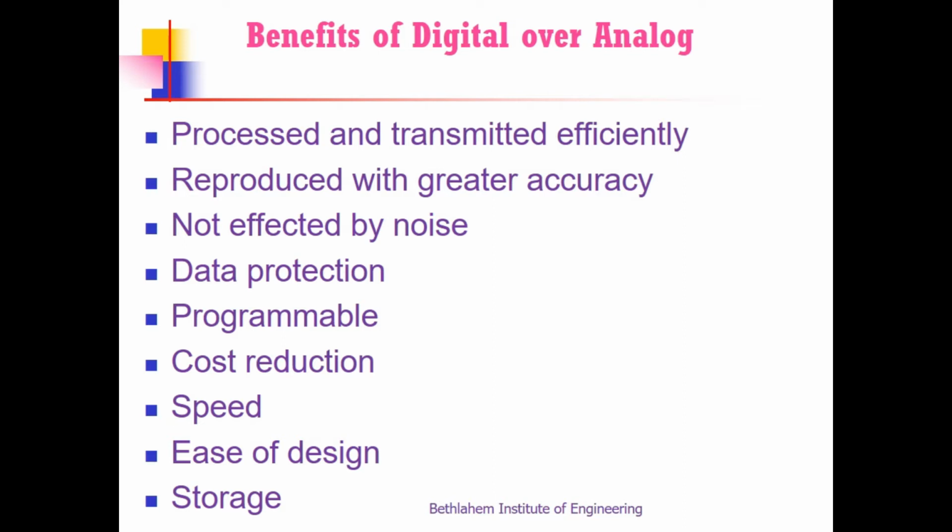The storage capacity of digital signals is high compared to analog signals, and the design process is also easy in digital when compared to analog. Because of all these advantages, digital signals are preferred over analog signals. That's why in almost all areas of our life, digital electronics or digital devices are used.